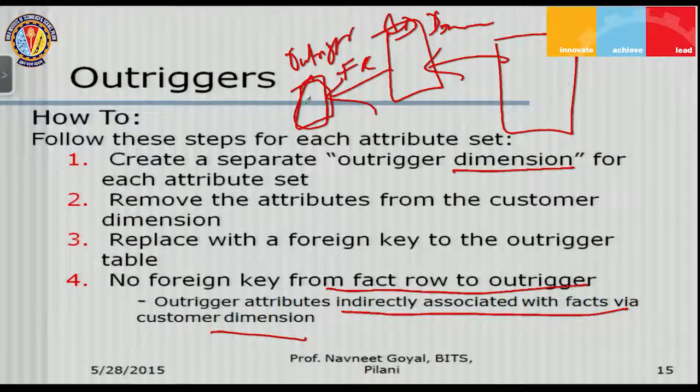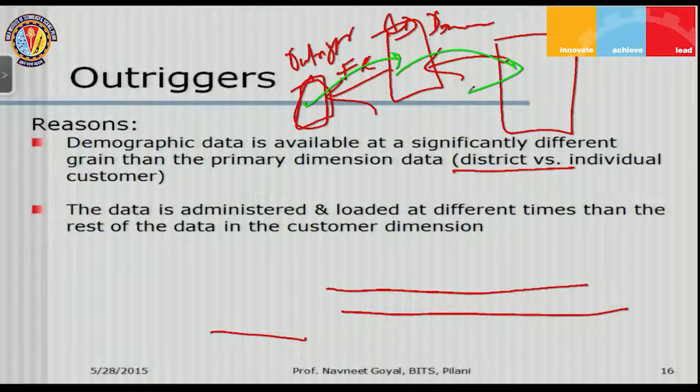It will go from here to here and here to here. So any outside inquiry would be like this. That's what an outrigger is, and this is how you create it. I'll show you some illustrations later.